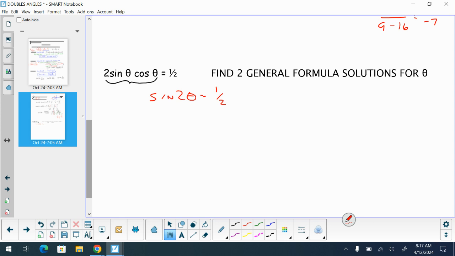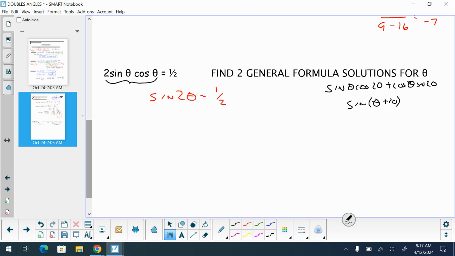Now we're into solving the equations. Just like when we had sine theta cosine 20 plus cosine theta sine 20, we could take this back into the sine of theta plus 20.